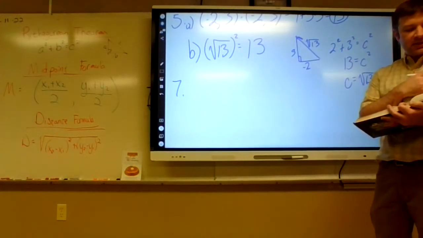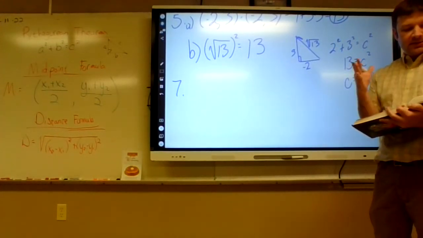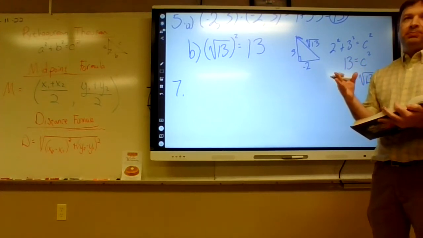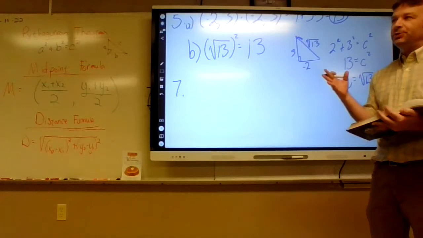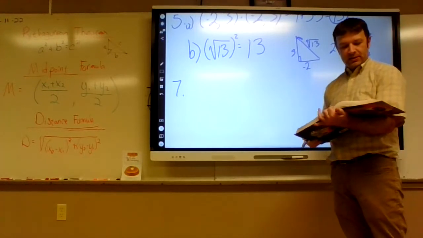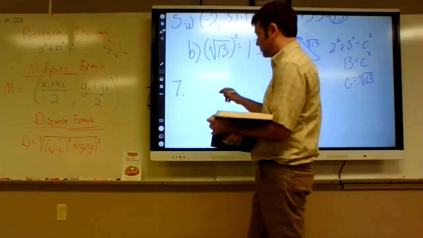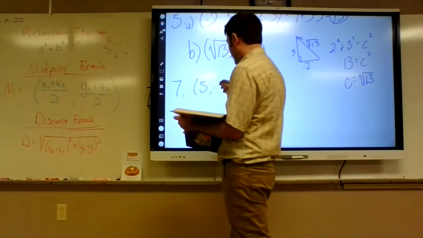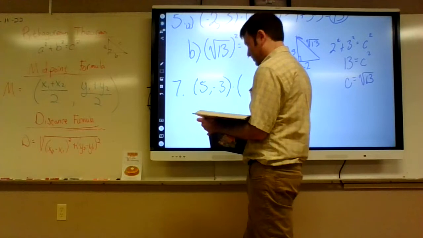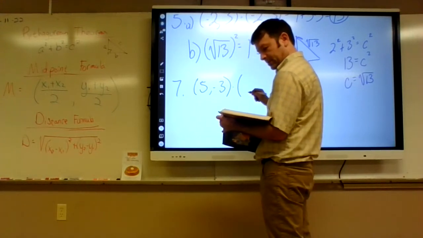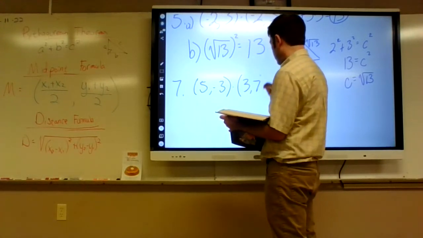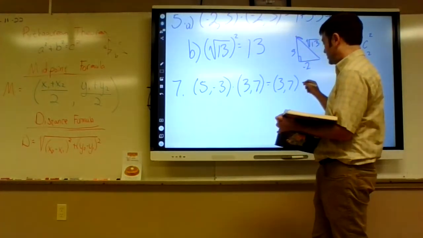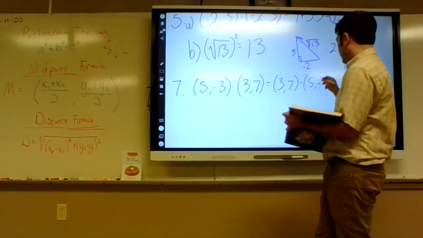On 7, they're telling us that u dot v equals v dot u, but we have to prove it, which means we just show our work. So here's what I'm gonna do: 5, -3 dot 3, 7. And we're supposed to show that's the same thing as 3, 7 dot 5, -3.